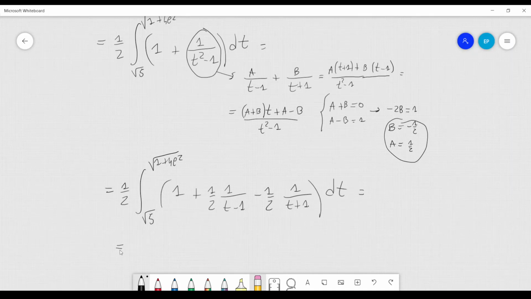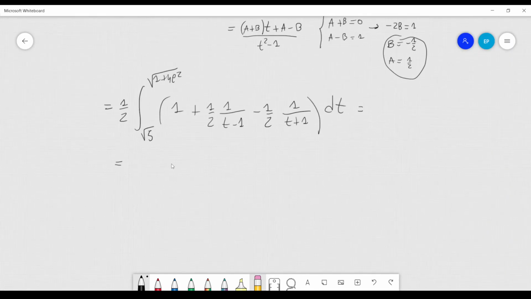And finally, we can rewrite this as 1/2, and then here we have the square root of 1 plus 4e squared minus the square root of 5 when we evaluate the integral of this.